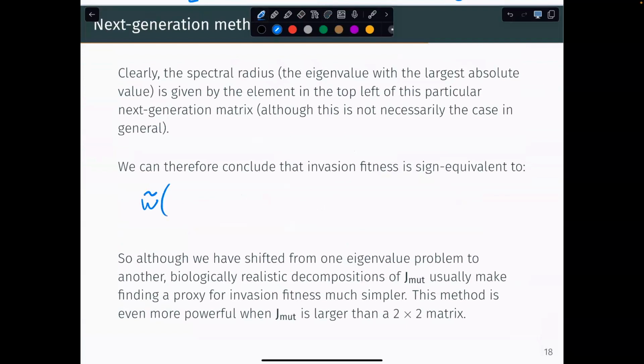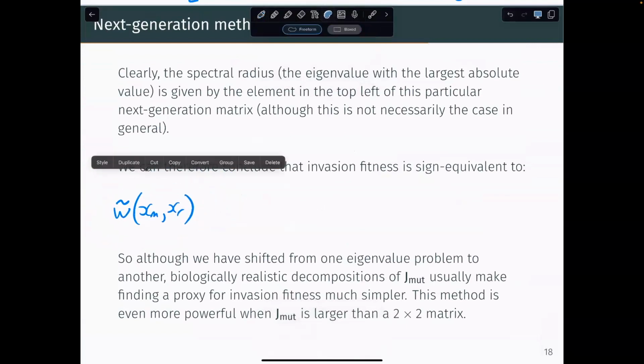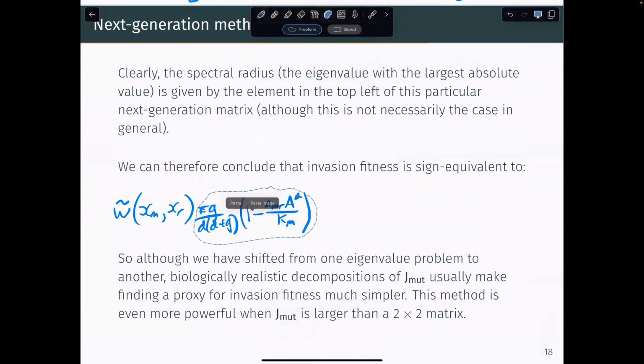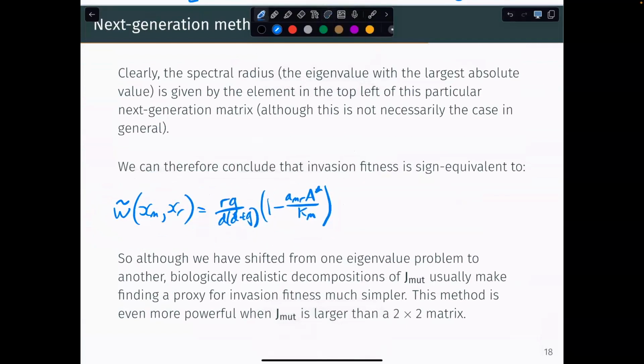In this case, it's going to be W tilde of XM XR, just like our normal invasion fitness, sign equivalent to this top left entry minus 1.